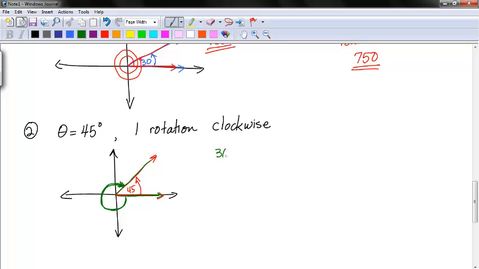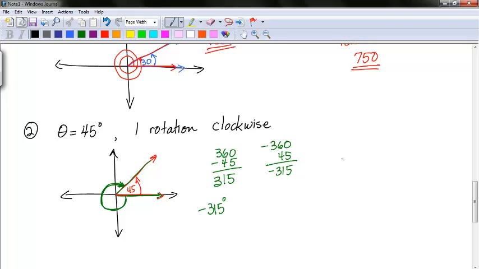What's 360 minus 45? 315, but you're going in the negative direction, you're going down, so it ends up being negative 315 degrees. Or you could have done negative 360 plus 45 and gotten negative 315. You could write it like that too.